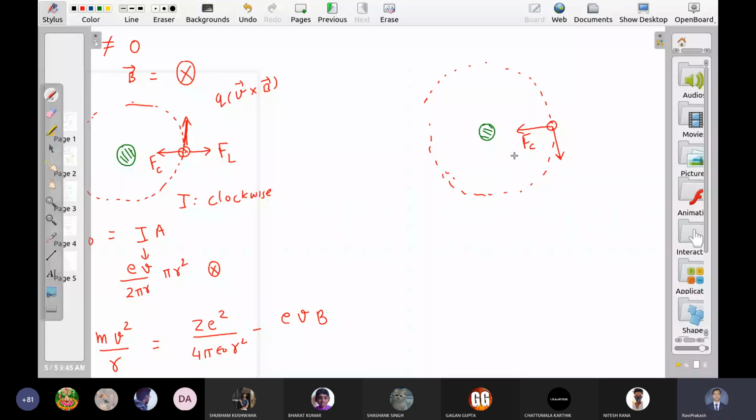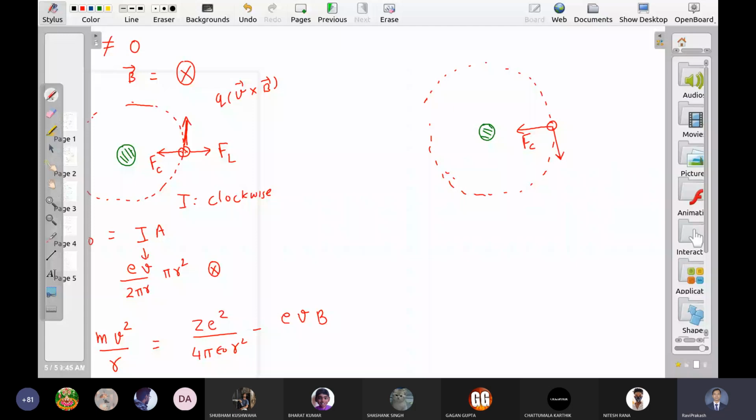Now you can see this Lorentz force again. This time it is parallel to... So this Lorentz force is in this direction, right?